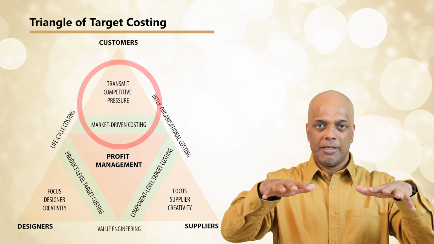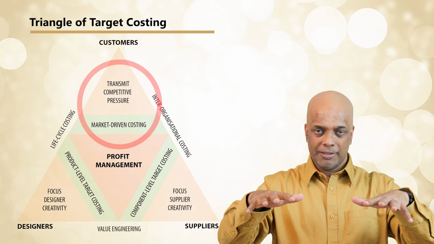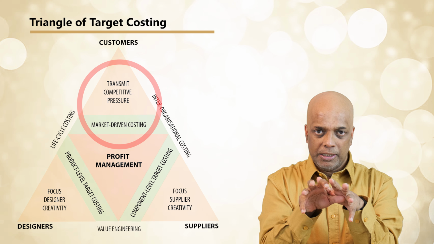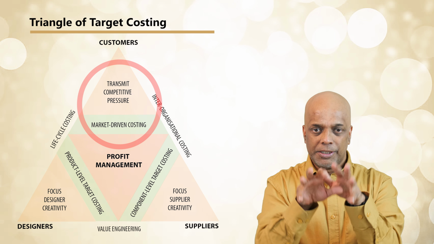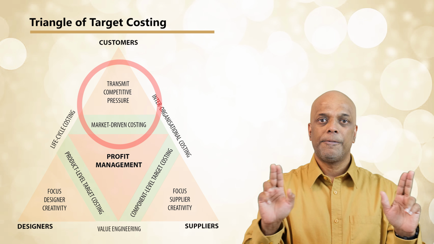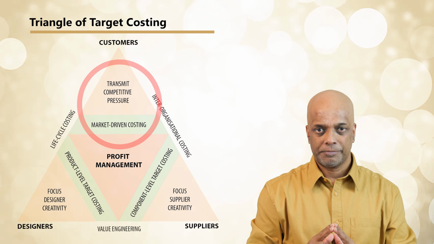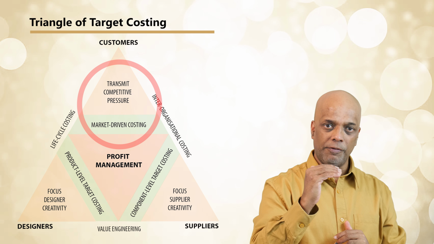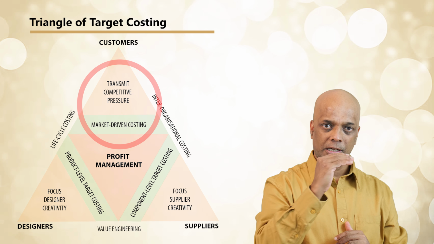And those target costs transmit or translate the competitive pressure into the profit management system as a specific set of cost targets. So that is the first frontier, and that is the first activity of target costing.